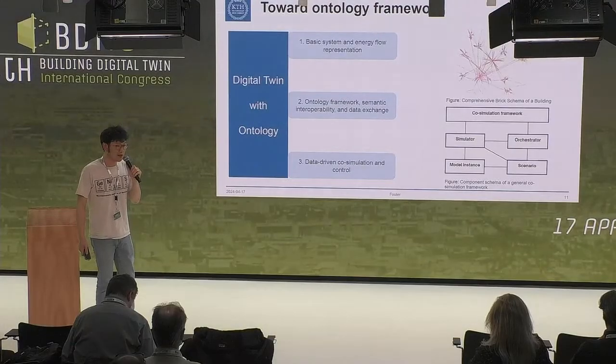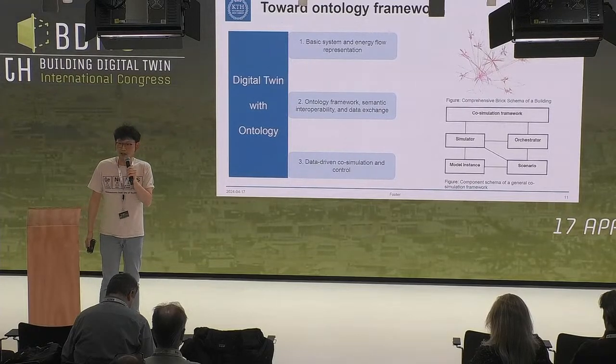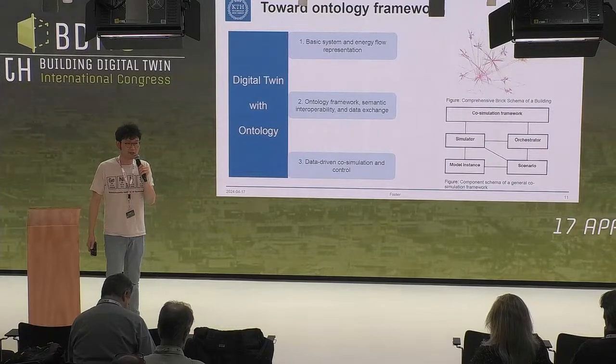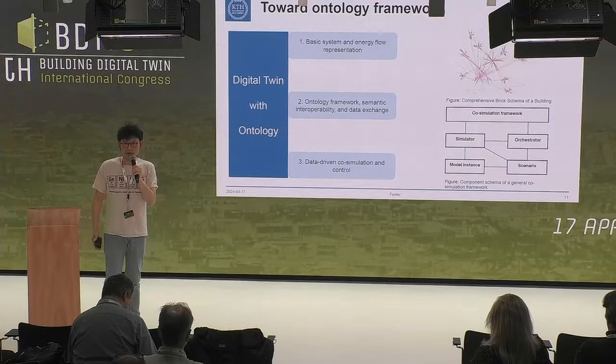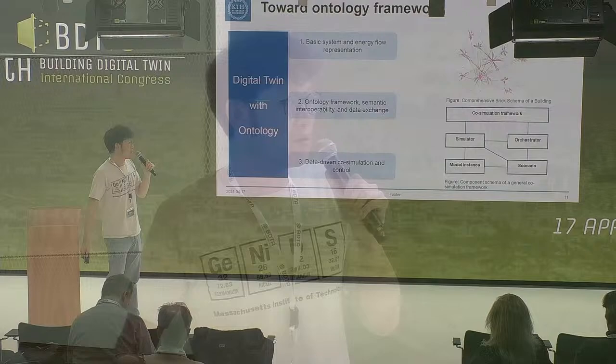In the end, we are working more now on the ontology part, because when you have the data and the framework, how can you implement it? Then we came back to the very first question: you need to make the hardware, your framework, and your control sequences work in the same room. So we started to develop this co-simulation framework that is driven by ontologies, and more particularly, we're working with Brick Schema.